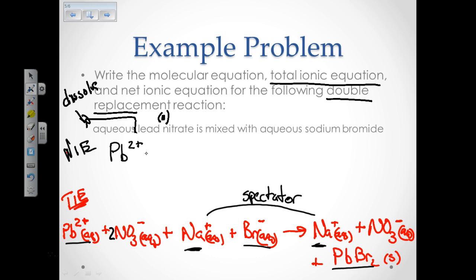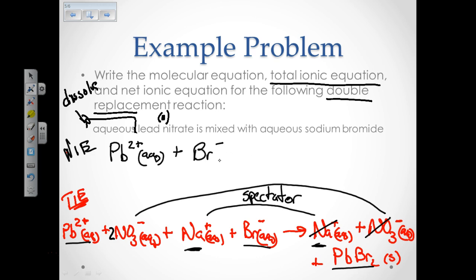So we write Pb2+ aqueous plus, and notice that the nitrate also stays the same, so these two things are spectators and we cancel them out. Then the bromide, Br- aqueous, reacts to form PbBr2 solid.